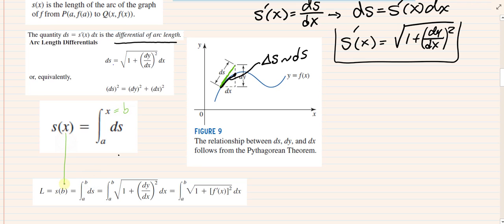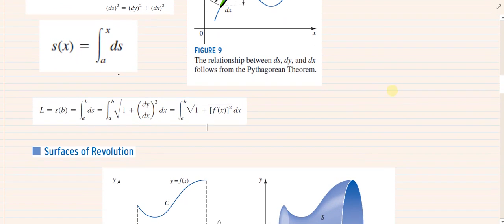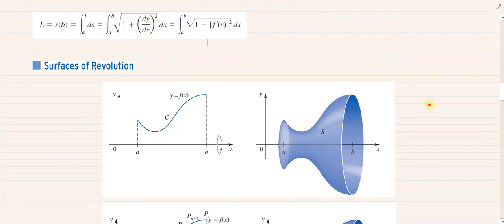Then we get the familiar formula that we had before: the integral from a to b of ds, which can be written using the differential notation or f prime notation. All right, and we are done with that idea.